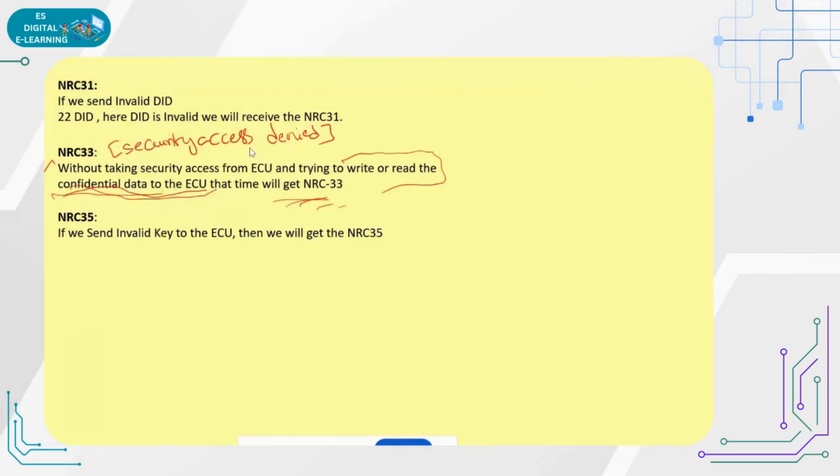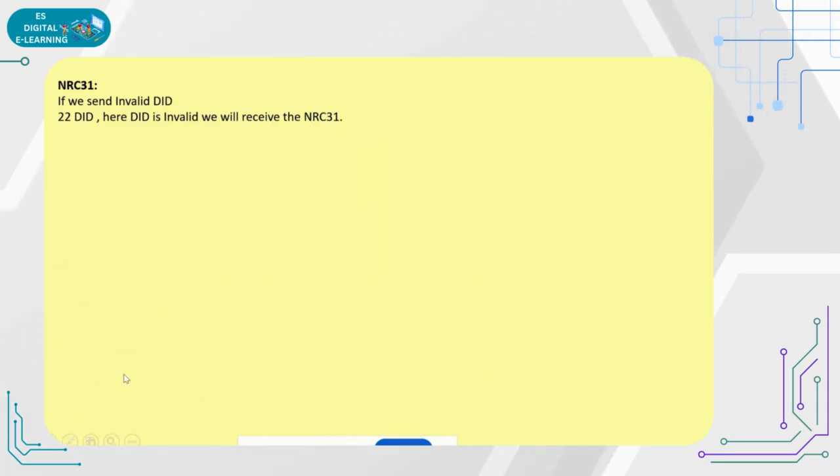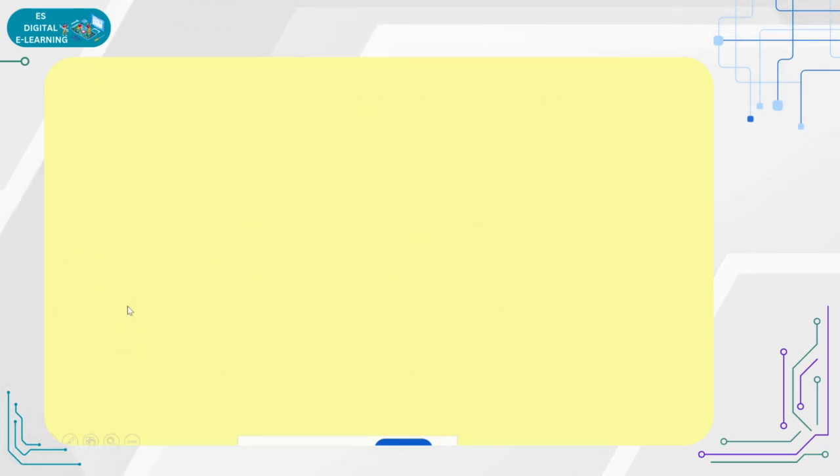So without taking the security access, if you are doing some changes, how will it work? It won't. You will get an NRC. So how can we do that? Let's consider this NRC 33. The client and the server.